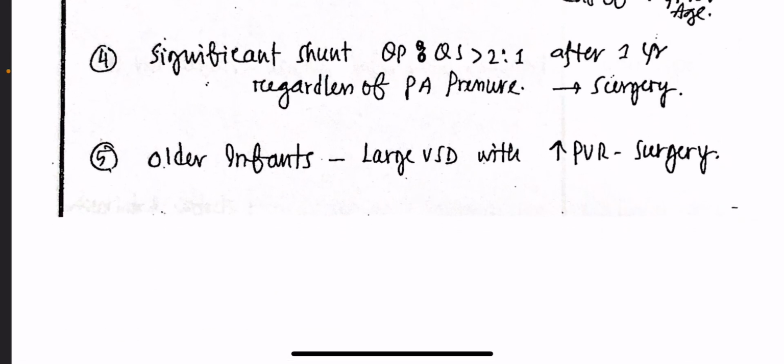Significant shunt, QP/QS ratio more than 2:1 after 1 year, regardless of pulmonary arterial pressure, then surgery is needed. Older infants with large VSD and increased peripheral pulmonary vascular resistance, then surgery is needed.